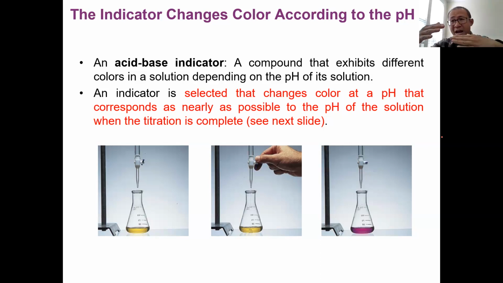When the acid and base react with each other, the acidity or basicity of the solution changes, and at the point of pH change you want, you select a different indicator, so the color change tells you the titration has reached its end.